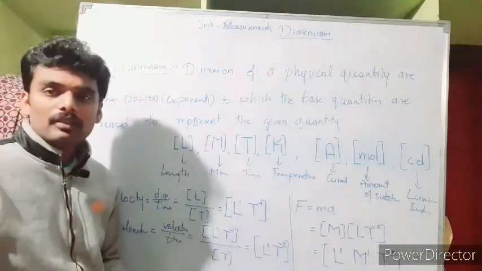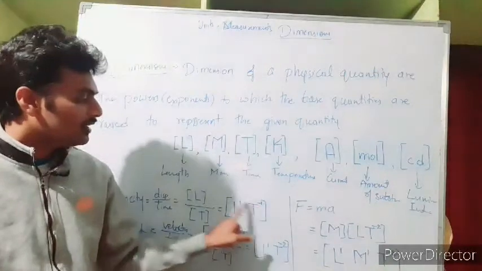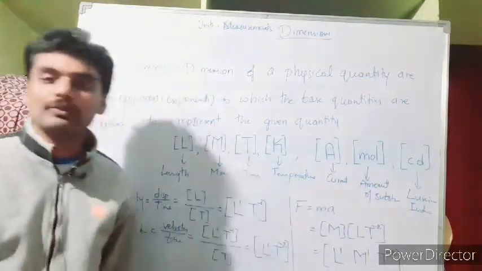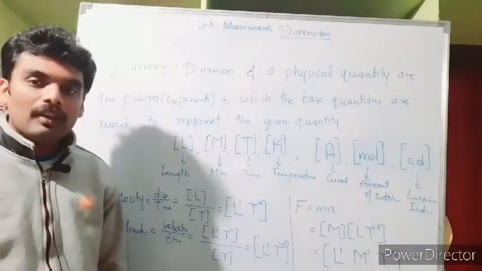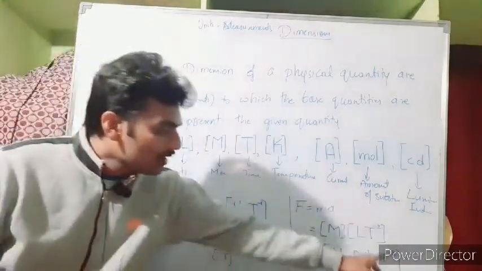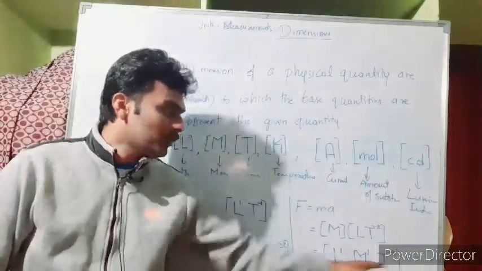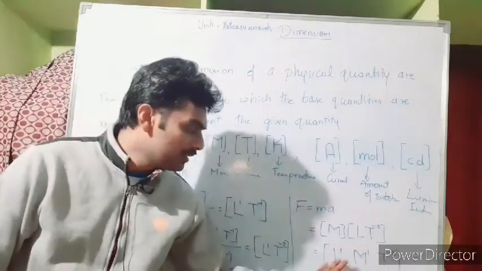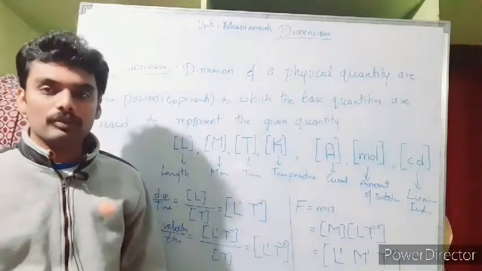And now, see, these powers are the dimensions. These values 1, 1, minus 2 are the dimensions of force. And writing them like this in square brackets, this entire thing is the dimensional formula of force. So expressing it in this way is the dimensional formula of force.